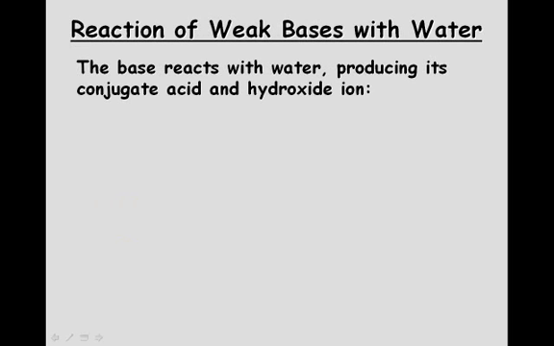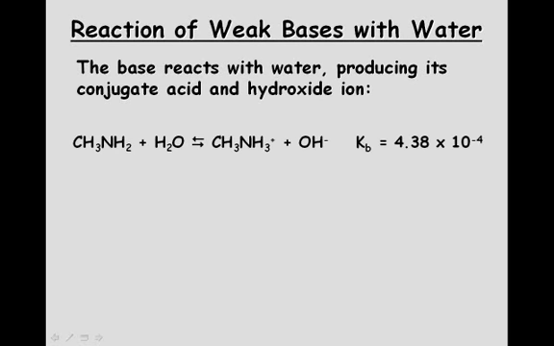Now a weak base is a little different. The weak base reacts with water, and so it produces a conjugate acid and a hydroxide ion, and this is a typical weak base reaction. Weak bases many times are ammonia derivatives, so you can see here on the screen CH3NH2.